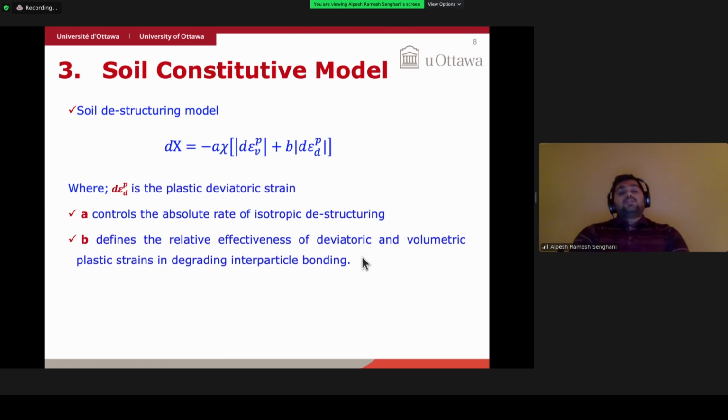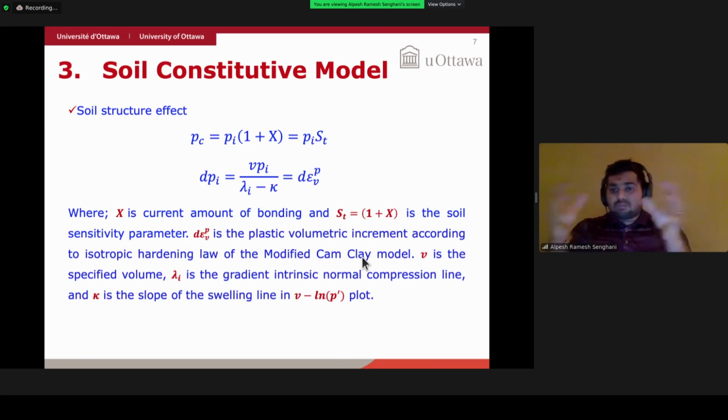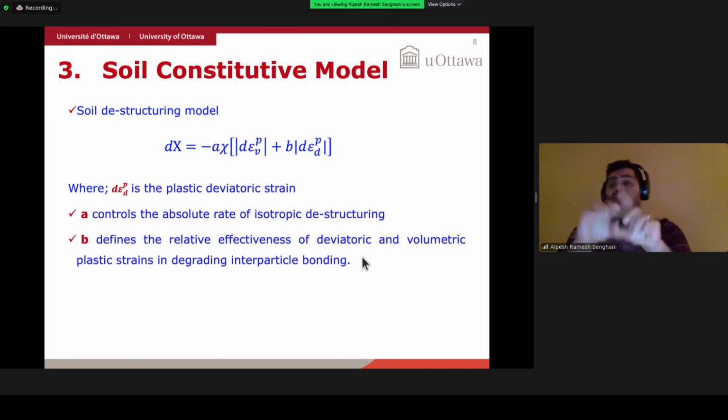So this is the soil destructuring model. The previous one was to construct it together; this one is now to destructure it in the model. These are basically constitutive models, and they'll be merged together later on to create the whole numerical model. Here we have the shear again.